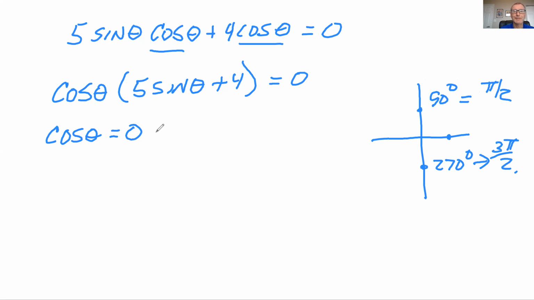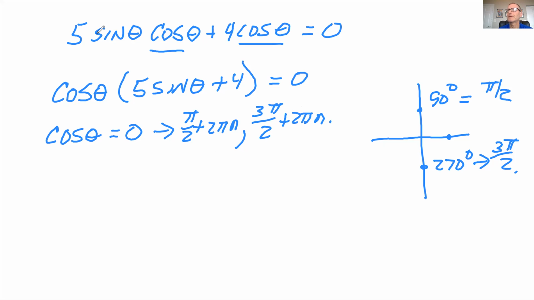So when you take a look at this solution set, it would be pi over 2 plus 2 pi n, sorry about that, or 3 pi over 2 plus 2 pi n.